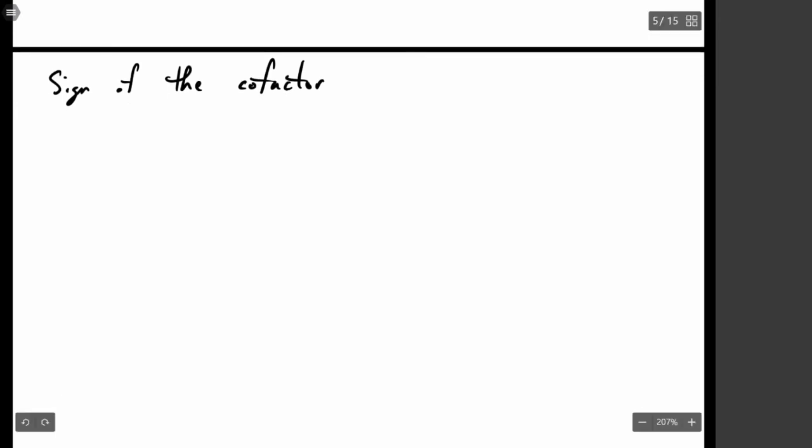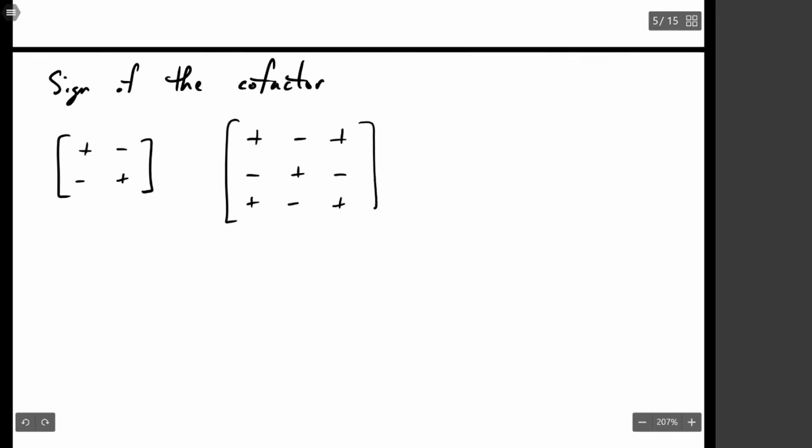But it's kind of neat to think about a pattern that comes out of this. For 2x2 matrices, it's always plus, minus, minus, plus. For 3x3, plus, minus, plus, minus, plus, minus, plus, minus, plus. Right, so it always forms this kind of checkerboard pattern, if you will, of pluses and minuses.